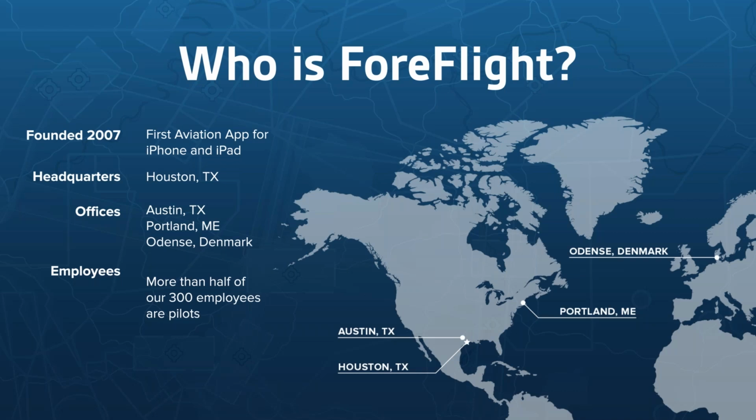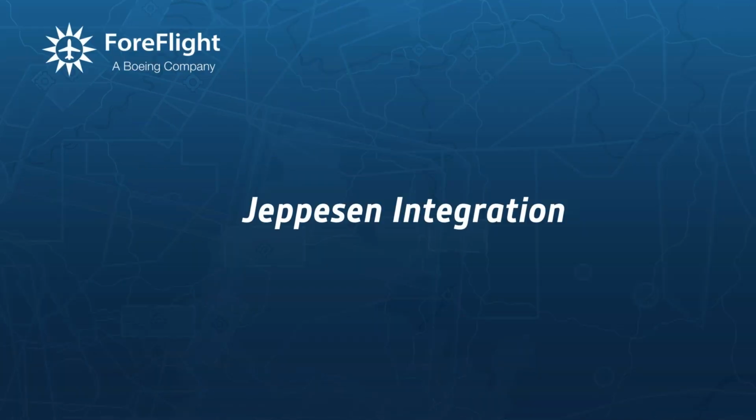Now let's start with our partnership. As you know, ForeFlight is a Boeing company as well as Jeppesen, and so we have a pretty good integration of Jeppesen products into the ForeFlight mobile app.